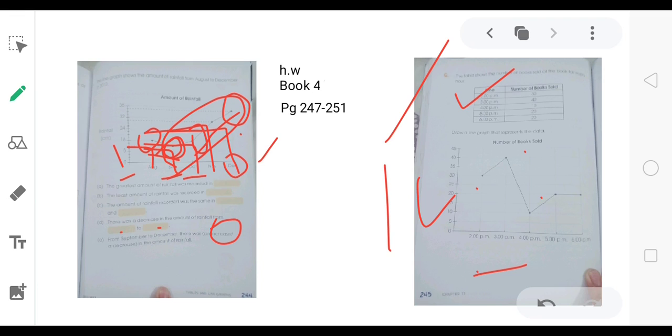What you will do is draw the pointed lines over here like this. Okay, like this. Complete this table, and on page 246 there is an activity. You have to do it at home. Try to do it by yourself, and this one is your homework, book 4, pages 247 to 255. This one is very easy, so try to do it by yourself.